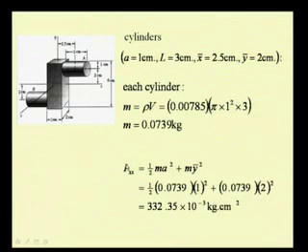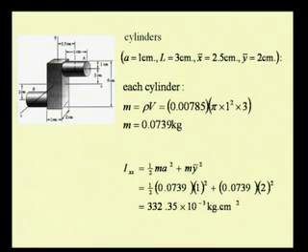Now we can write the second moment of this cylinder with respect to the x axis. I x x is equal to the second moment of this mass with respect to a centroidal axis, which is parallel to this x axis, which is nothing but the axis of the cylinder itself.